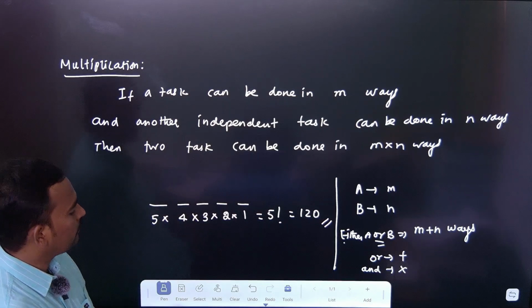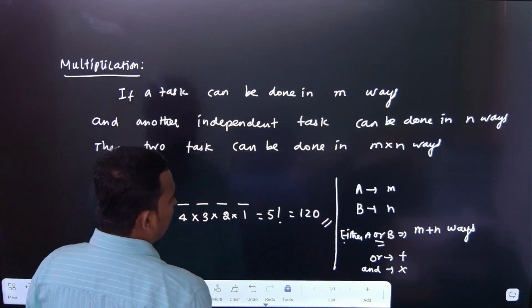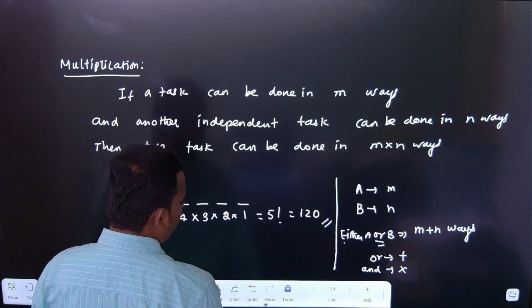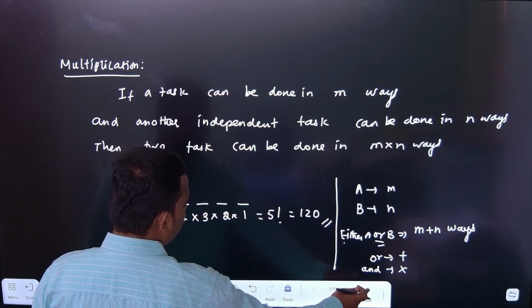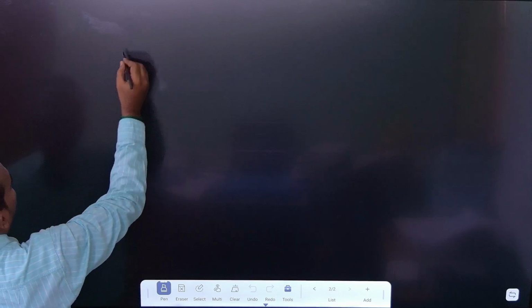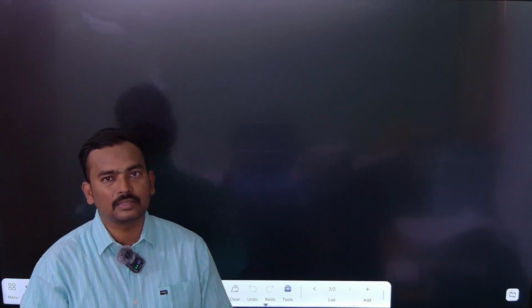Okay, so let us take more examples. Suppose we have to understand arrangements and selections, right? Arrangements plus selections we call permutations, and selections only we call combinations.